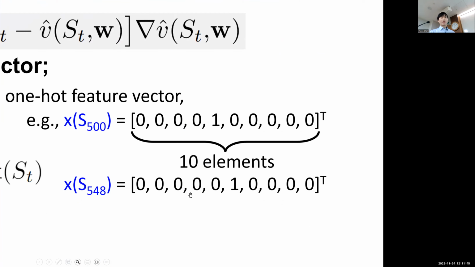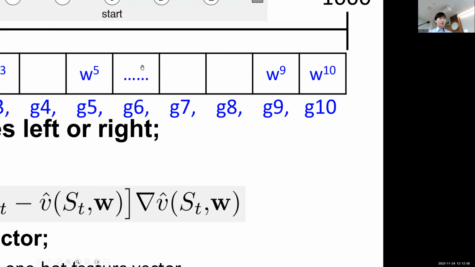So we give 1. For the next state, assume that this trajectory from S500 jumps to S548. Now the vector will be moved to the 6th position, which will be somewhere here, located in group 6.